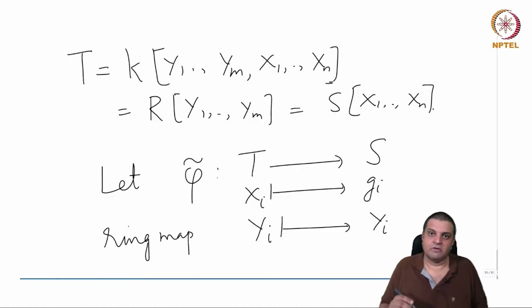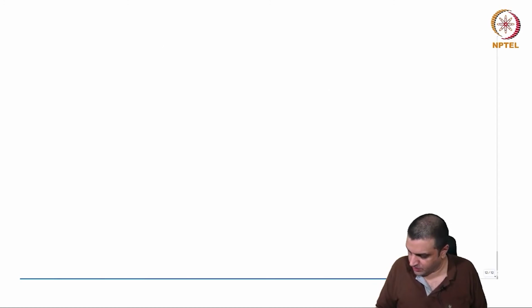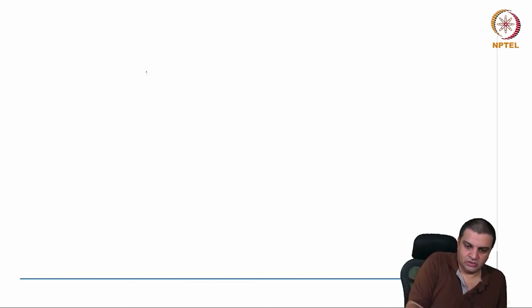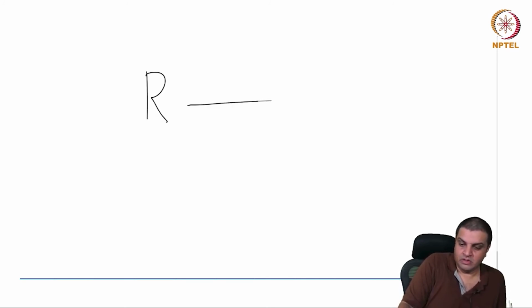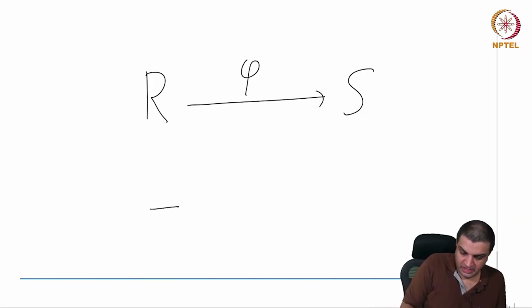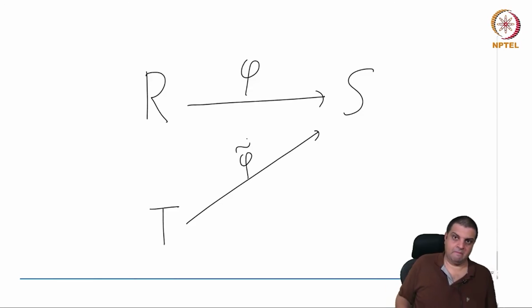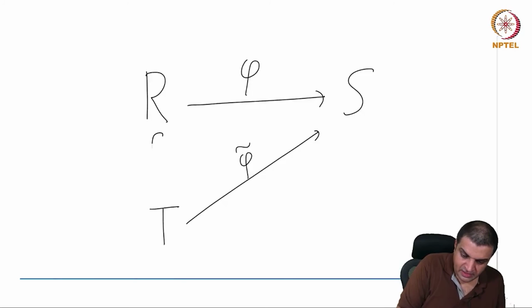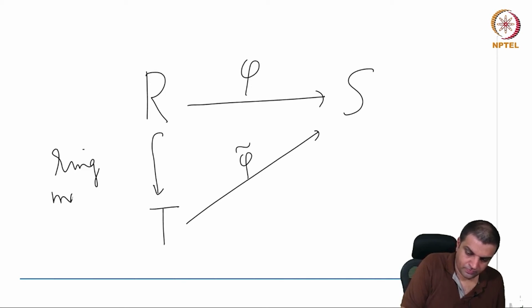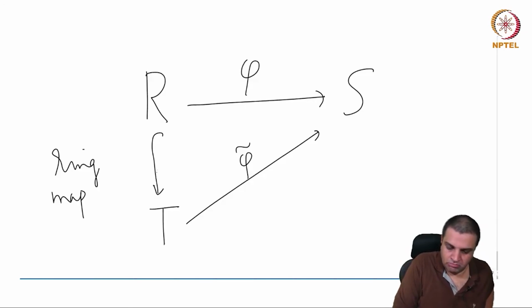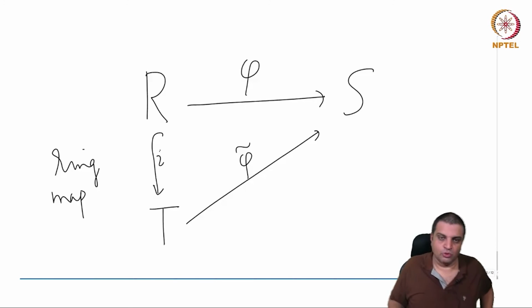What is the kernel of this ring map? Before we ask that, let's understand why we are interested in this. So we have R here, S, and this is the map phi. Then we have T here and a map phi tilde. Now there is an inclusion map as a ring map, so let's call this map I for inclusion.